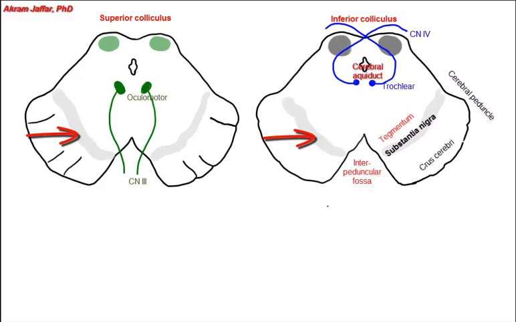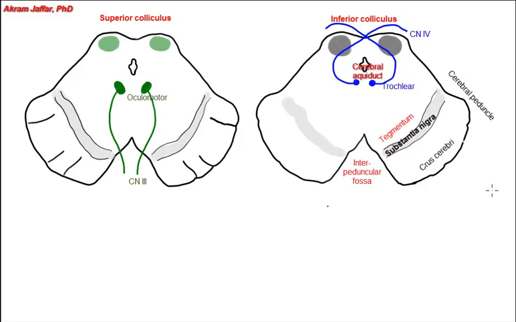It is a pigment-containing nuclear area, containing melanin pigment. It has multiple connections, and it is involved with the control of motor activities. Its degeneration is associated with the development of Parkinson's disease. Again, I repeat that the Substantia nigra is located at the border between the Crus cerebri and the tegmentum.